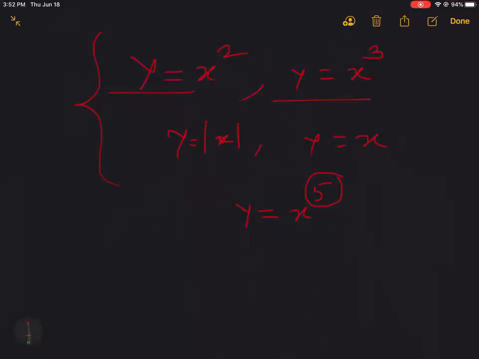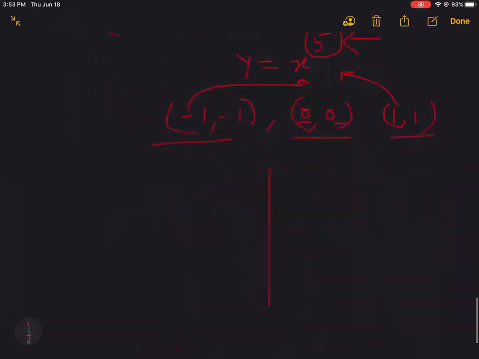So you will have these points on the graph, because negative will always give you something negative, positive will give you positive, 0 will give you 0. For an odd positive exponent, we have these points on the graph. So this will definitely go through these 3 points.